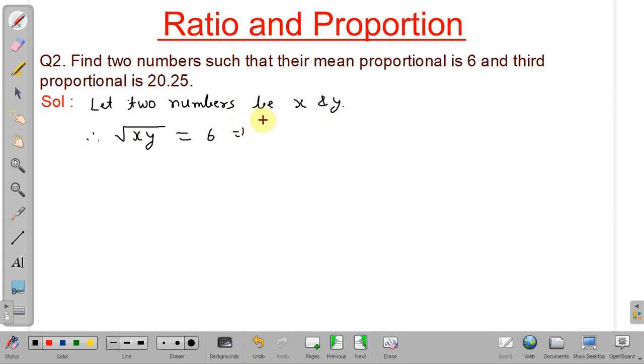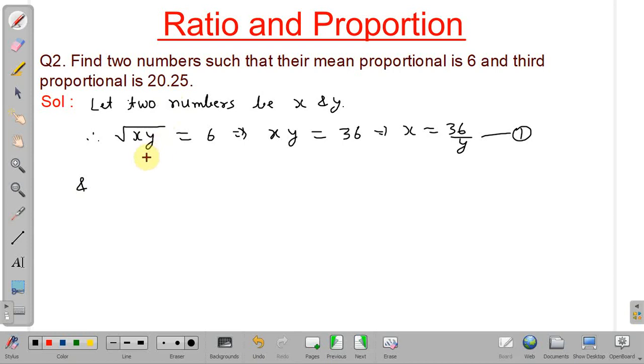So from here we will get a relation. We can square both sides. So this will be xy equal to 6 square, or 36, and we can write x equal to 36 by y. So this is our equation number 1.